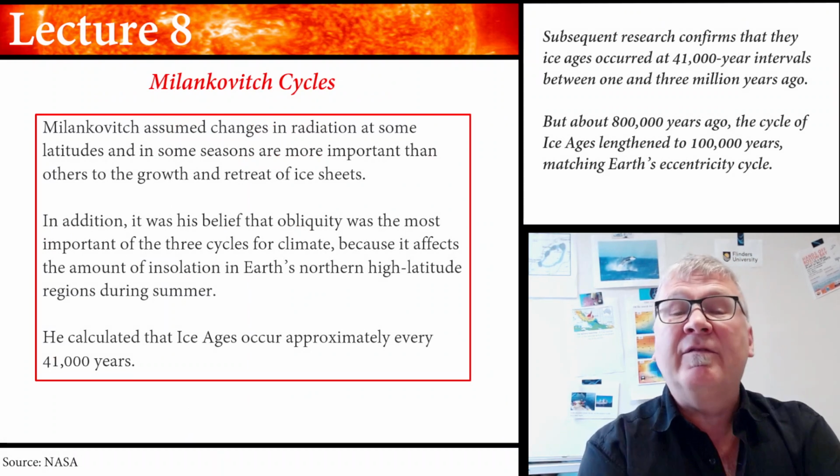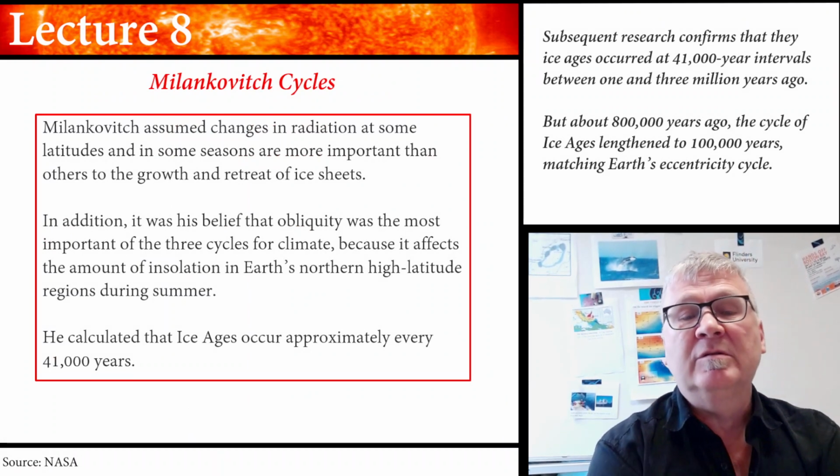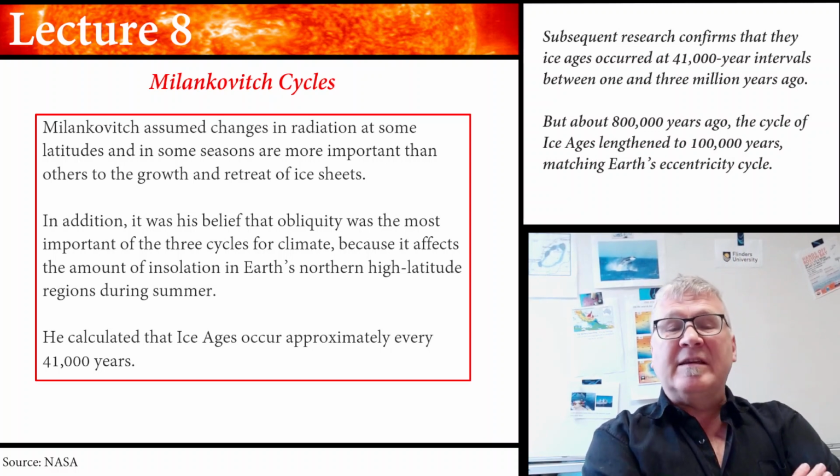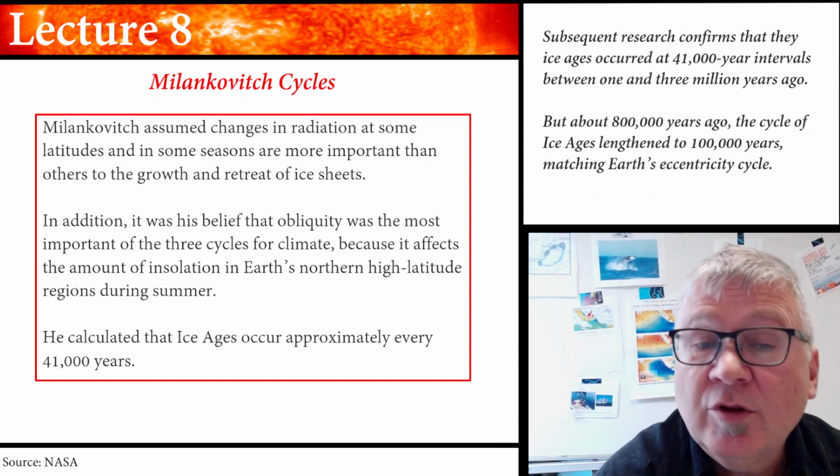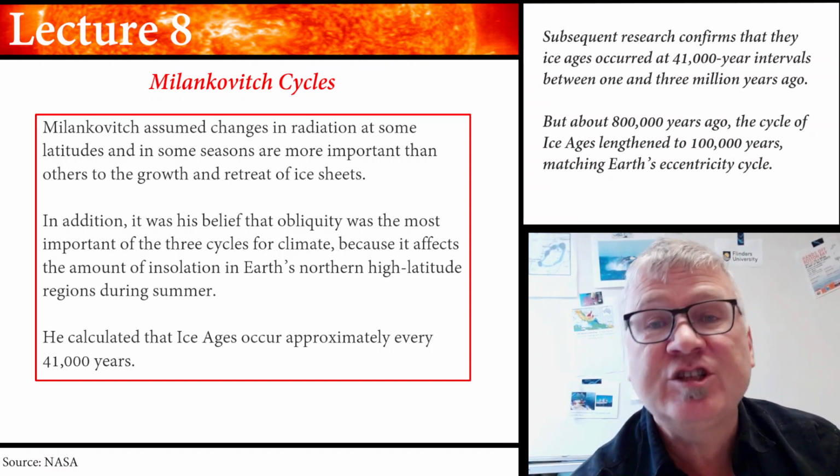Okay, so Milankovitch cycles. Milankovitch assumed that changes in radiation at some latitudes and in some seasons are more important than others to the growth and retreat of ice sheets.